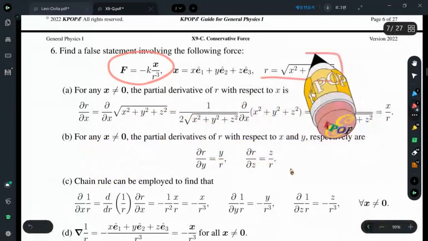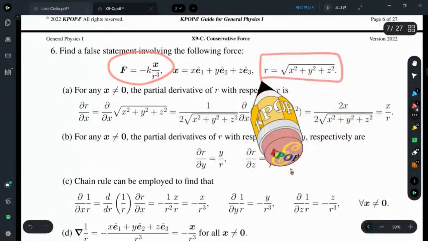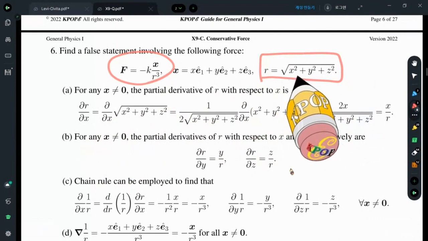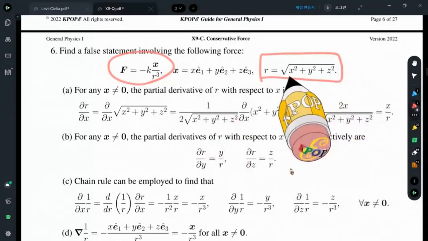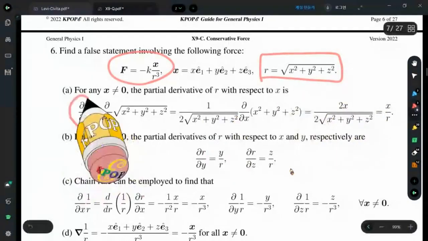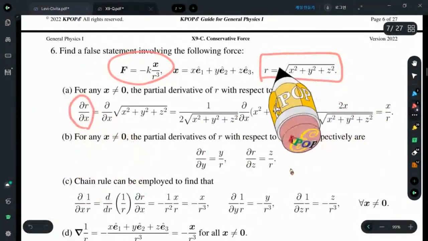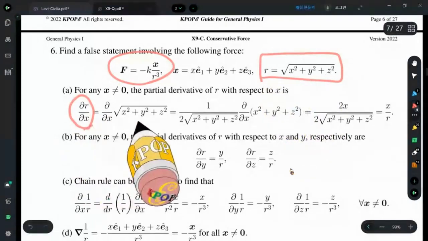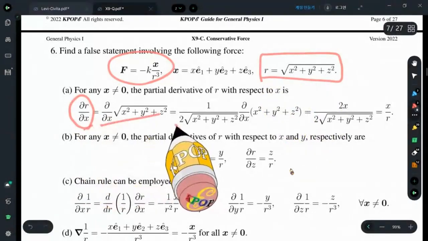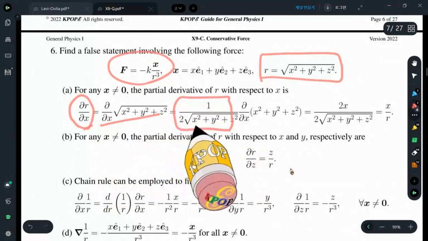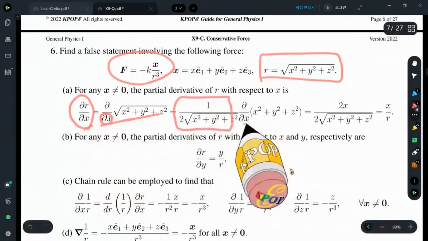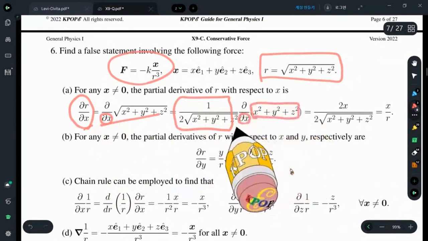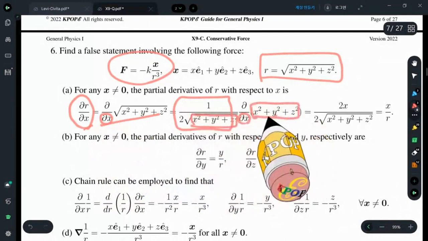Okay, the key point is a three-dimensional radius, and this radius is a square root of the sum of x squared, y squared, and z squared. And I find the partial derivative of this radius with respect to x. Again, using chain rule, I have 2 times the square root of the radius, and then I need to take the x derivative of this argument, right?